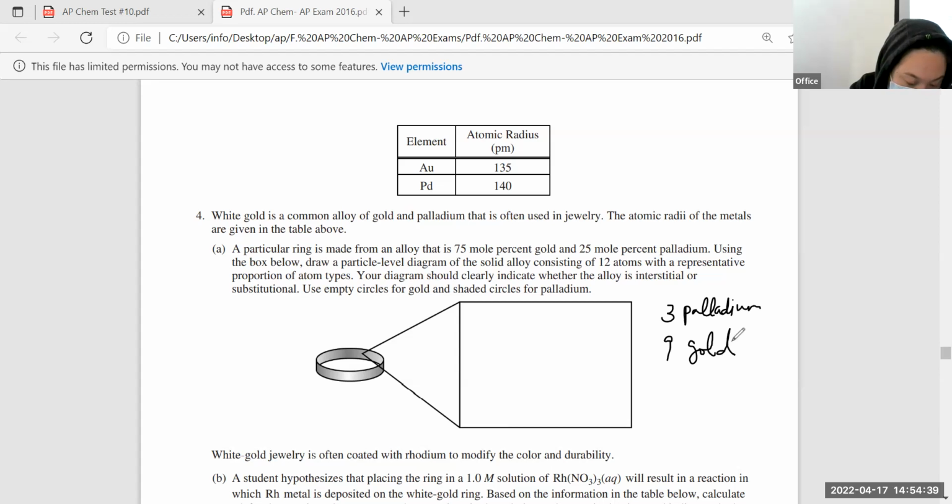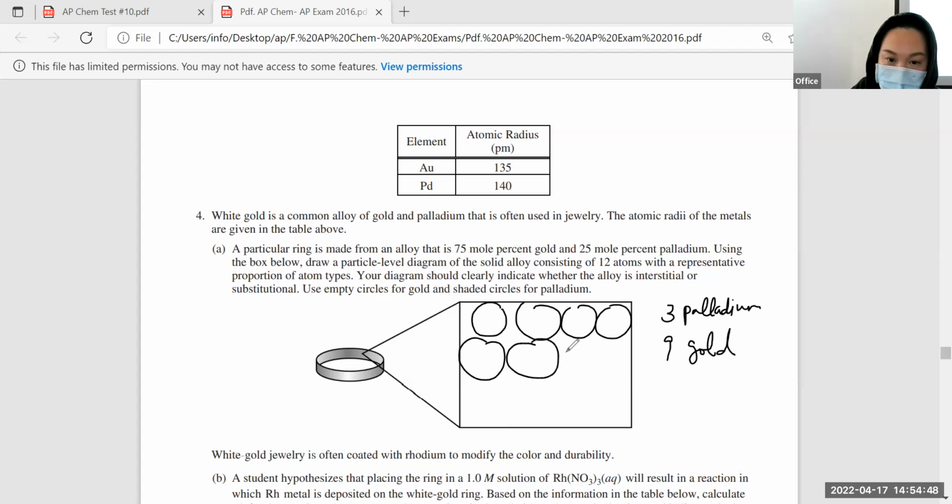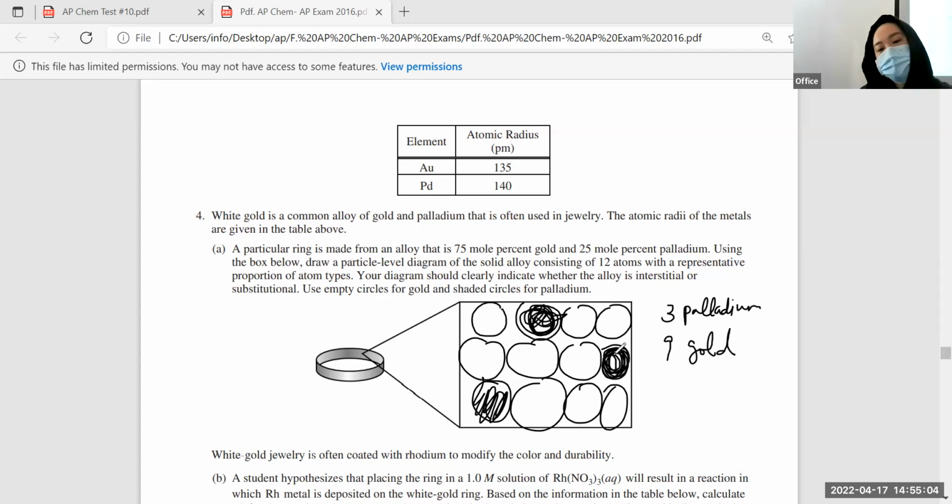Right? I would draw it. Right? Size doesn't matter. Right? Just something like that. Right. Atomic radius is almost the same, right? So you don't need to worry about that.